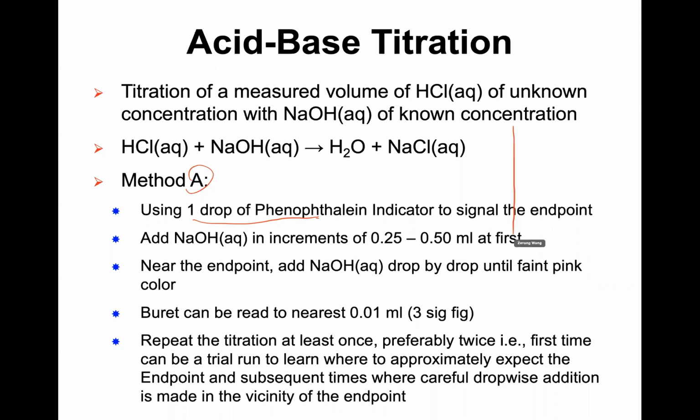Here you have a stand, and it has a clamp to hold your burette. The burette has a very nice scale for the volume. At the bottom, you can place the titrate.